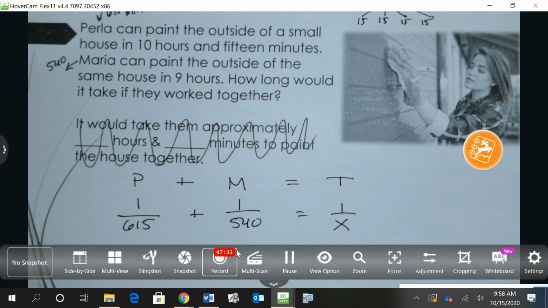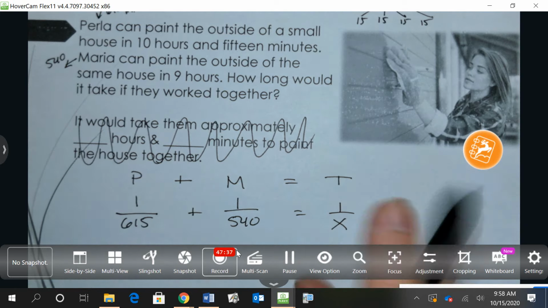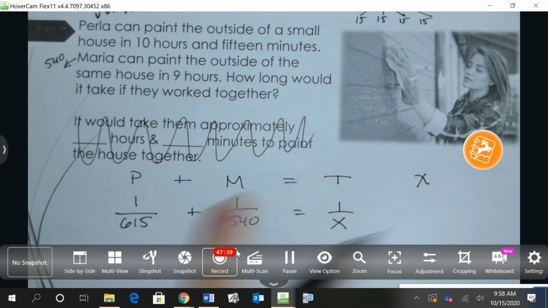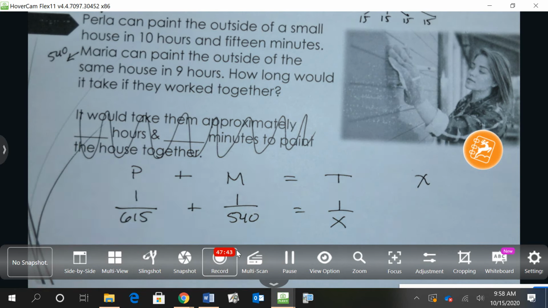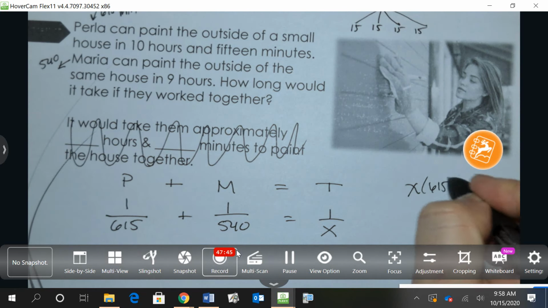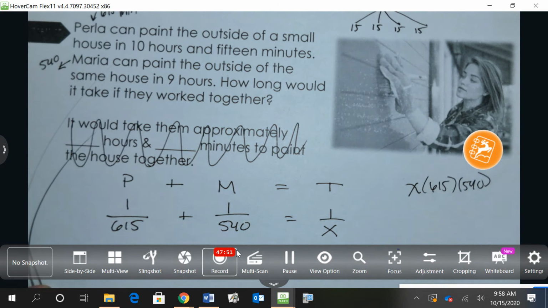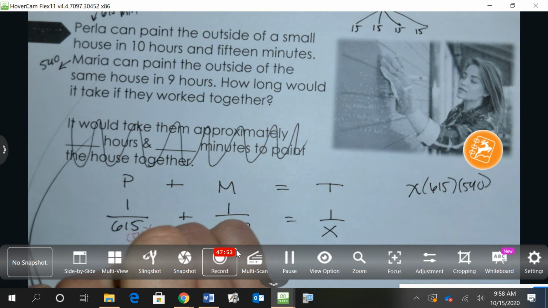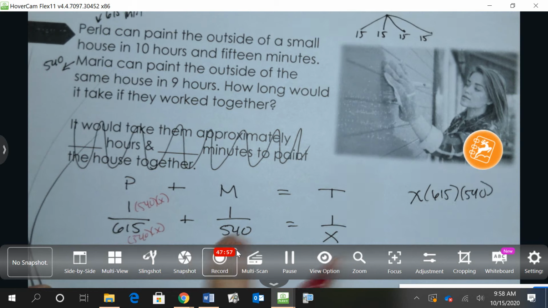This is an example where if I said find the LCM, we know it has to have an X, but the time it would take you to find the LCM of 615 and 540 is way too long. When that's the case, we just attach them both, and we'll let a calculator help us work with the big numbers. So this is missing a 540 and an X. This has a 540.